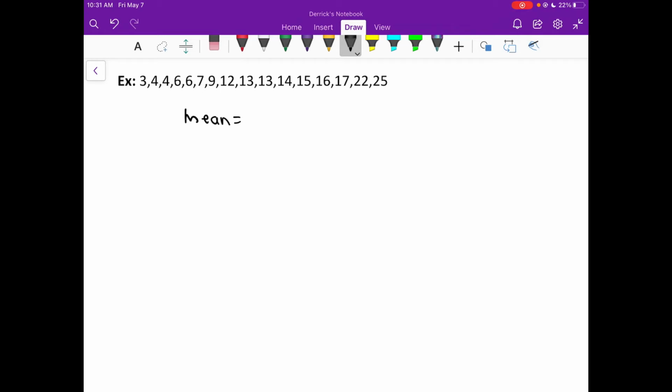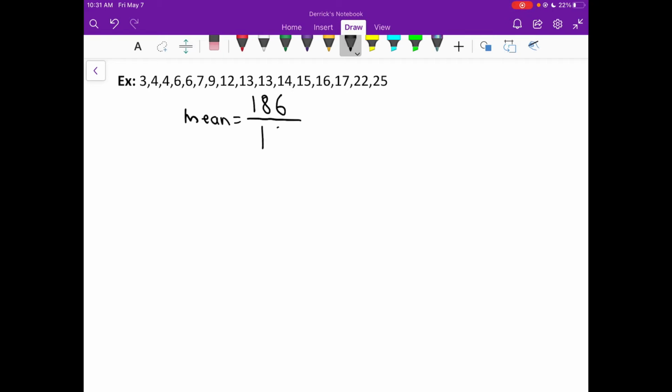Find the sum of all these values. If you add all of these up, you should get 186. We then need to divide that sum total by how many data points we had here, which we had 16 data points if you count these up.